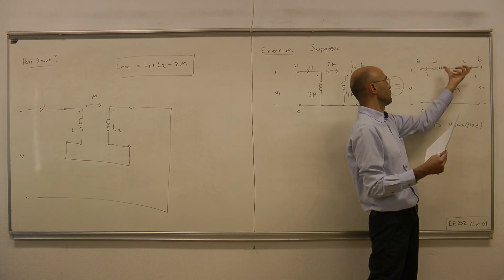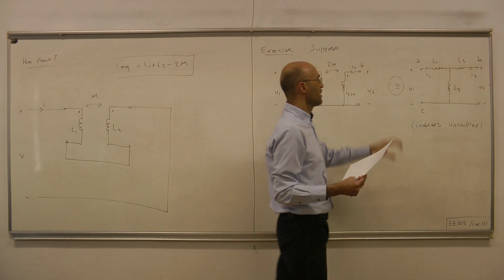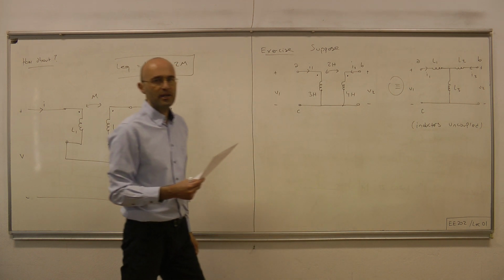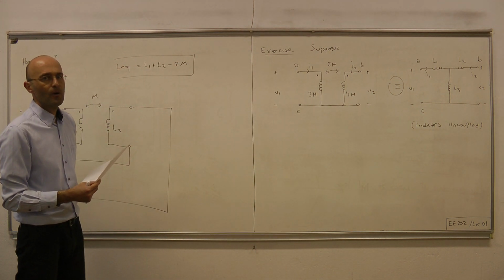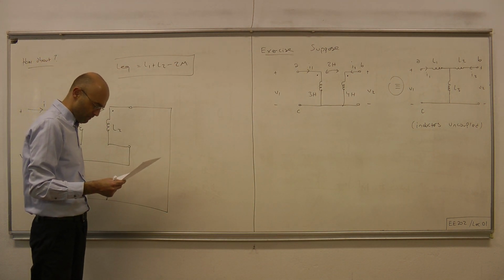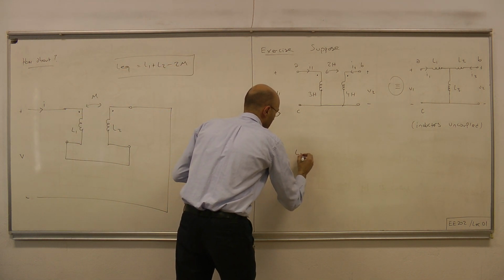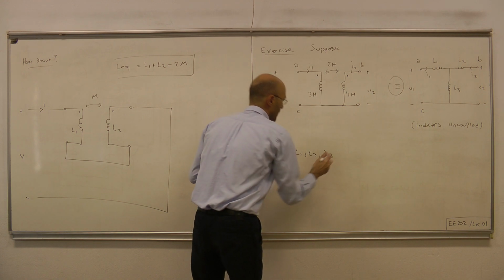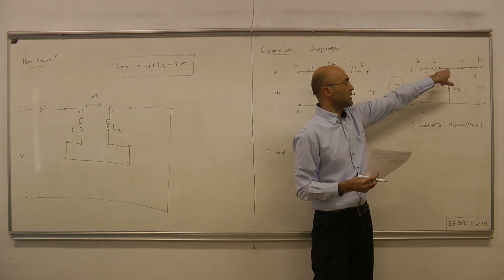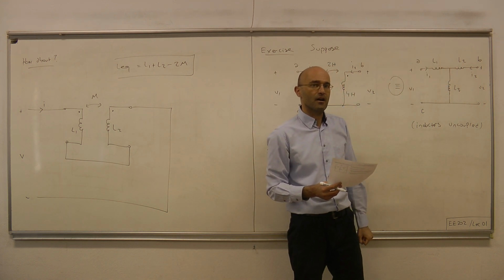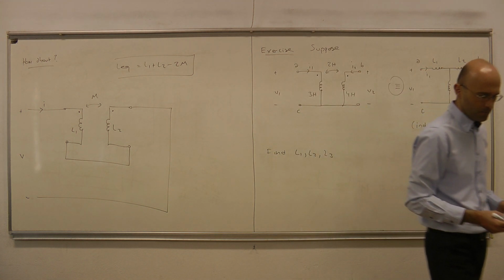Plus the carefully chosen inductance values, we would have true equivalence between those two dynamic three-terminal devices. So the exercise is: find L1, L2, L3, the inductances of the uncoupled inductors in the second case.